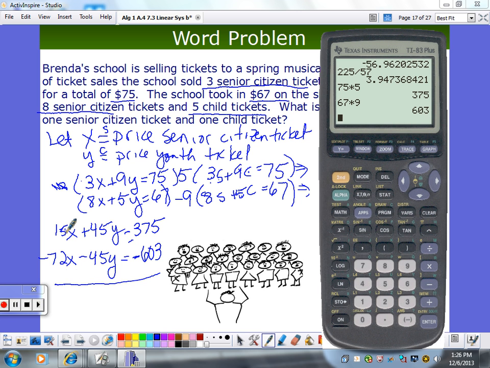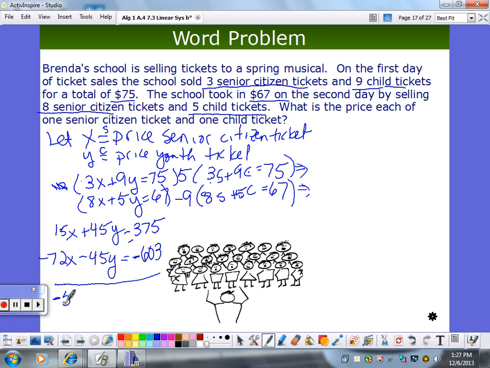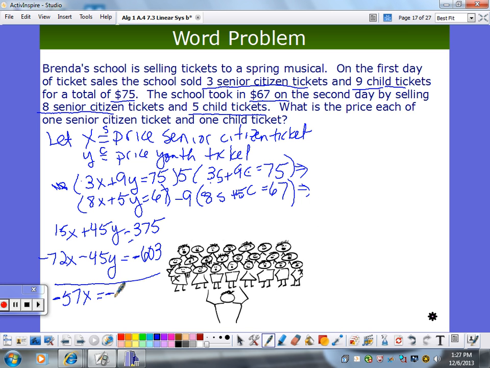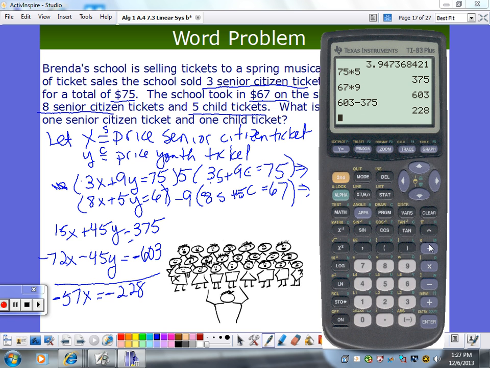All right, so 15x minus 72x is still going to be negative 57x equals 603. Oh yeah, I did do that. Negative 228. That doesn't sound right either, but let's see.